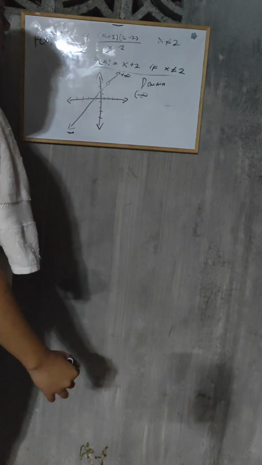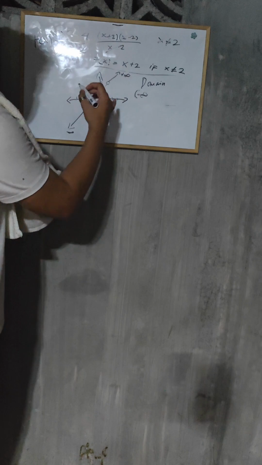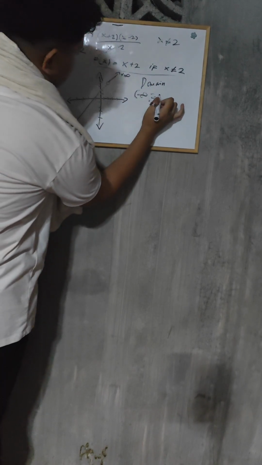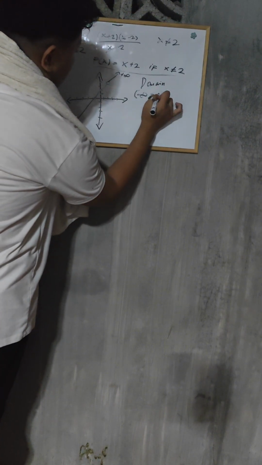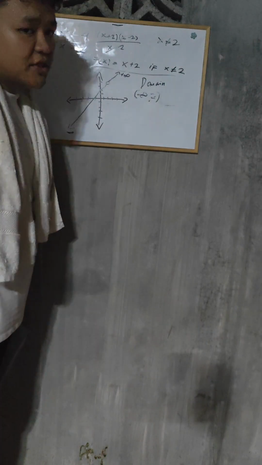Well, since it's not exactly 2, we're still gonna put 2 here. Pero it's a parenthesis, not a bracket. Kasi it's not exactly 2, pero approaching 2.